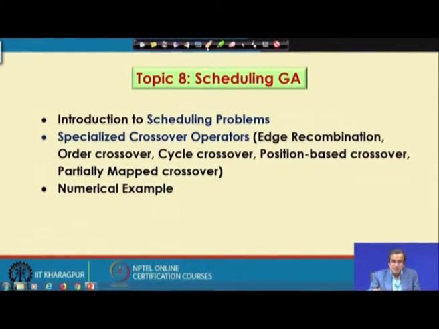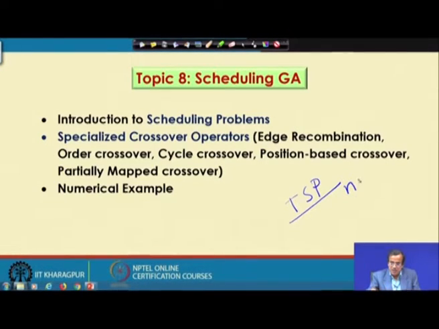So, this is a typical TSP problem, travelling salesperson problem, and to solve this particular problem what we will have to do is we are going to consider n cities, and at the same time we will have to consider the relative position and the adjacency of city 2 with respect to the city 1.